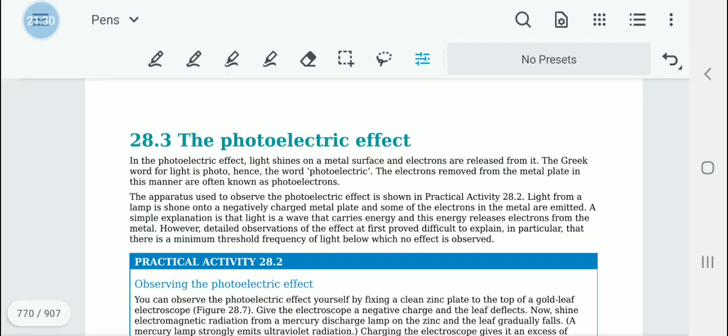Write down a note. Photoelectric effect.